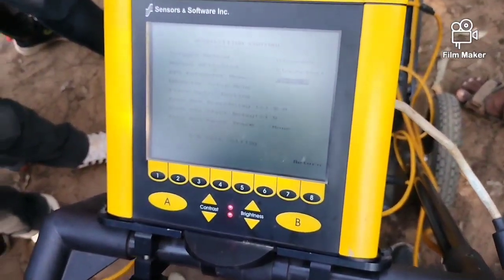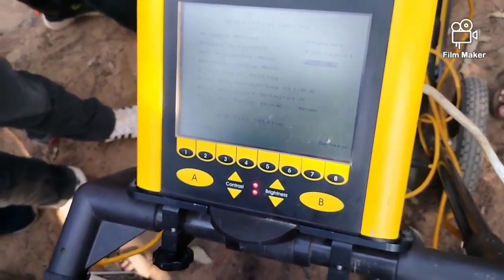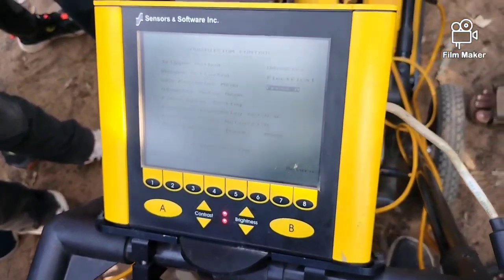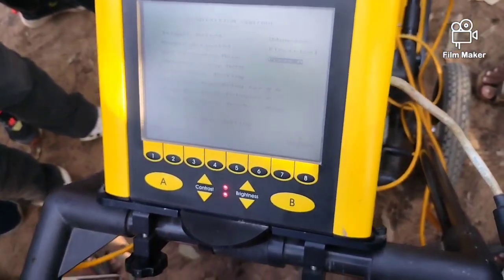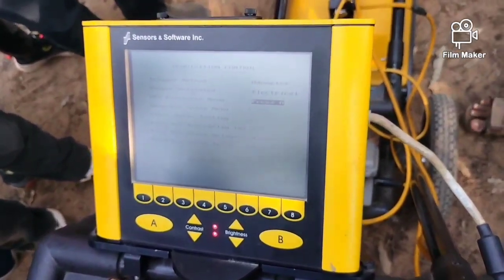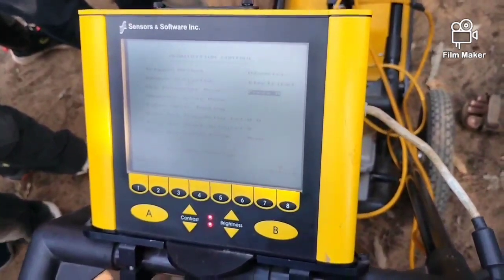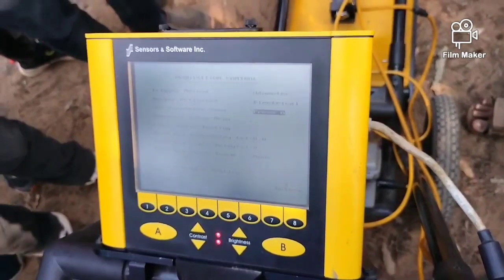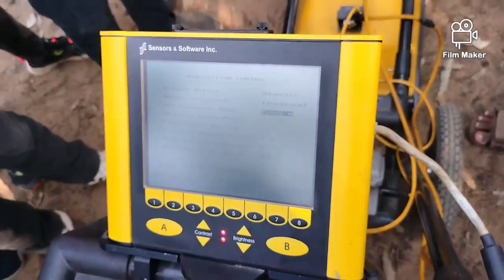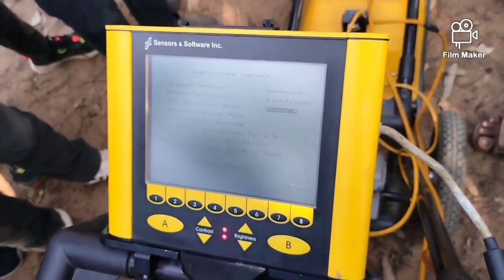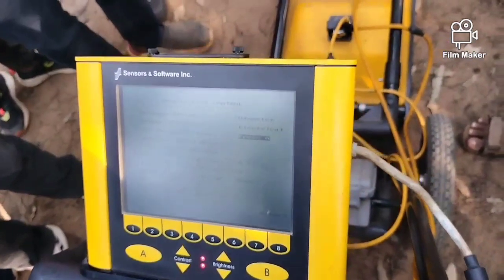There are more things here, GPS, which we have not connected here. I think IIT Bhubaneswar doesn't have GPS for Pulse Echo Pro. So in that case, you have to take the topography data, because GPR would just tell you the time axis. If you want to convert the time axis to depth axis, you have to get topography data, like how the land is changing in elevation, because GPR would show everything flat based on the time axis.